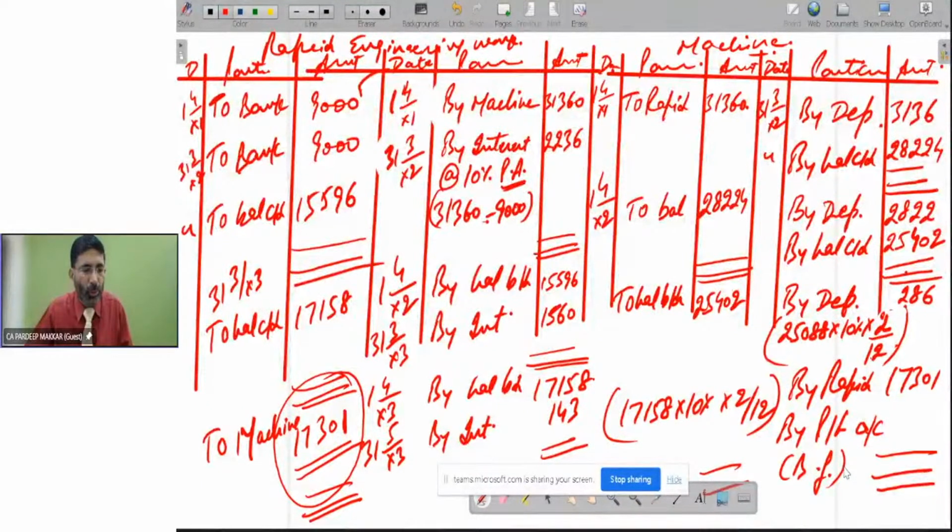Depreciation for 2 months is 423, someone is saying. Okay, interest is 286, someone is saying.